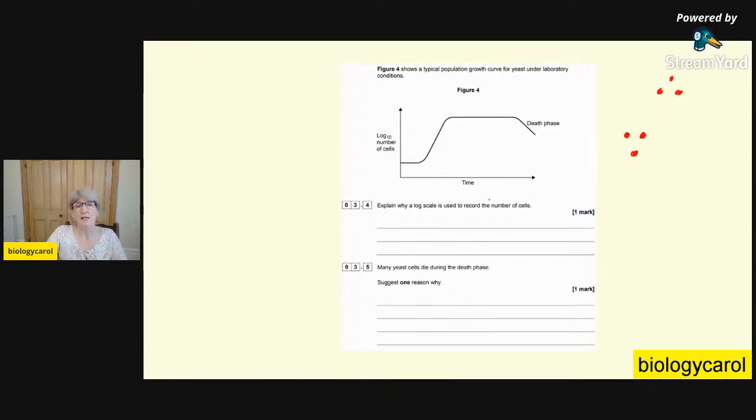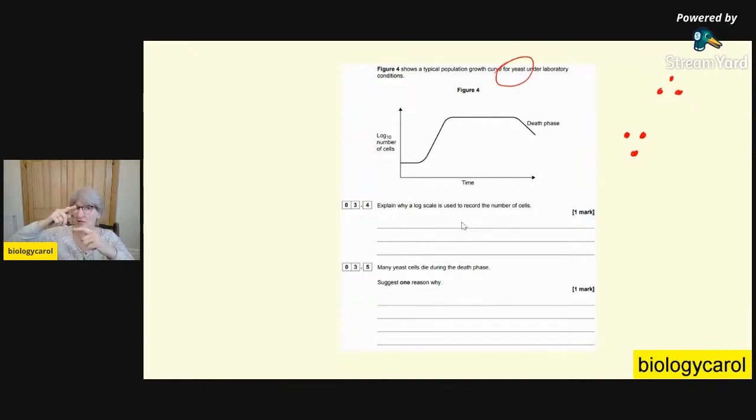Explain why a log scale has been used to record the number of cells. Well, we're talking about yeast cells. Yeast cells will go from 10 to 100 to 1,000, they're doubling every generation. We are going to be going through several orders of magnitude.